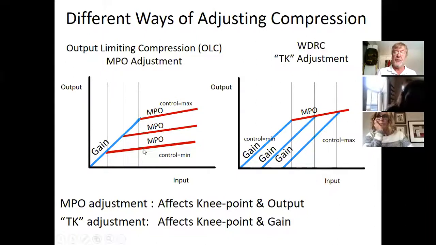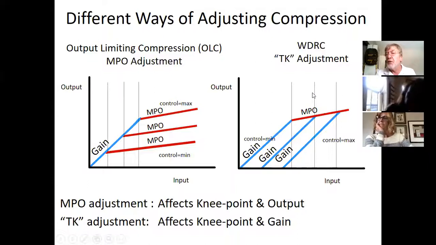If it's 100 or 110 or 120, you pick it. Okay? And see the lines go up a little bit because you still have a little bit of gain. It's not flat like peak clipping, but it's still output limiting because it's fairly shallow. So basically around 120-ish, 115-ish, 110-ish, you know what I mean.